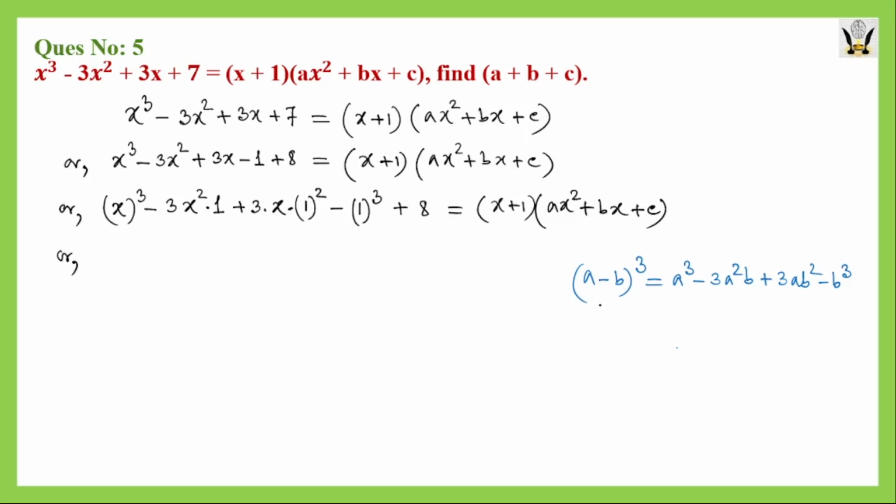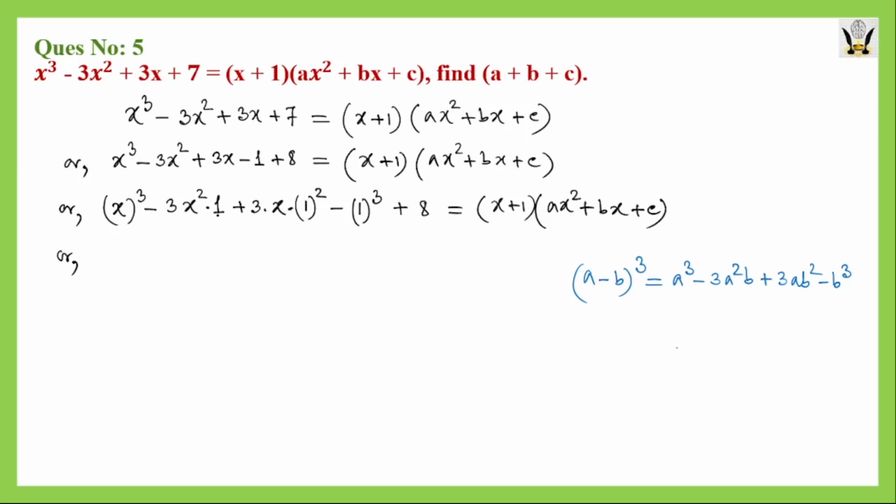We know this identity: a minus b whole cube is equal to a cube minus 3a square b plus 3ab square minus b cube. Now if we look at what we have on the left side, x cube, so x is directly mapped with a, then minus 3x square, and then 1.